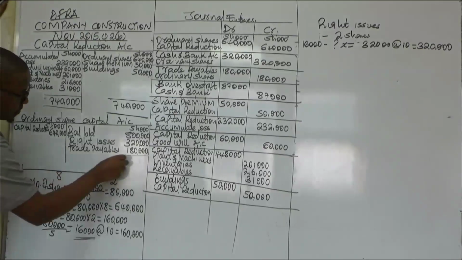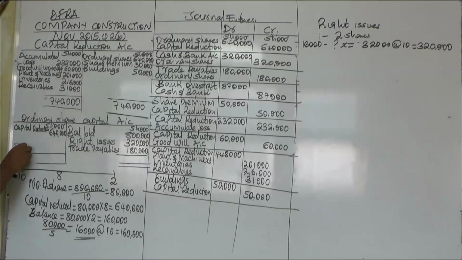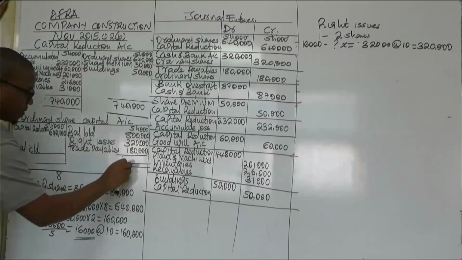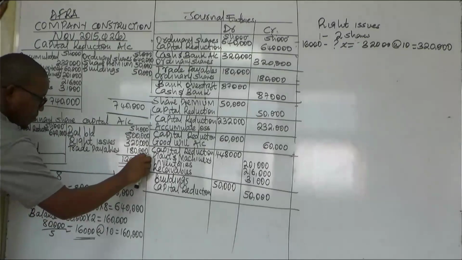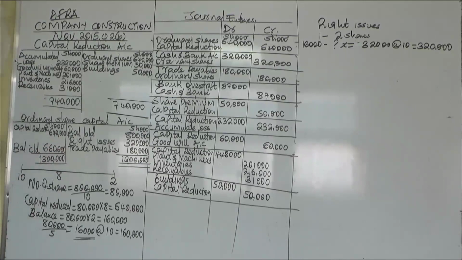Total here is how much? So that we know the balance carried on. That in 1,300,000 is our balancing figure. 660. That's how equal to.